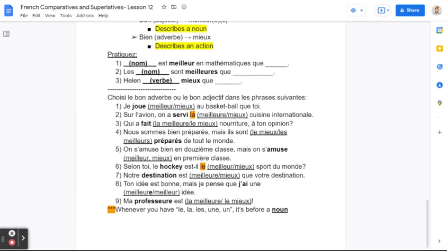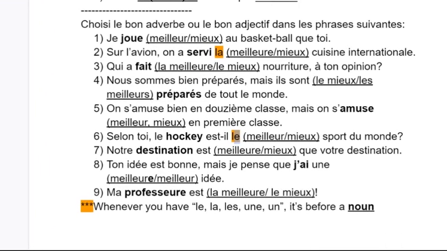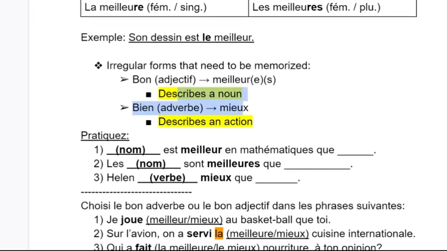Okay, so just like that, you're going to be choosing the correct one. And some of them I have highlighted, so for example, la and le, because that's a hint. Whenever you have le, la, les, or un and une, it's before a noun. So that gives you a hint. If we're talking about something before a noun, then which one would that be?